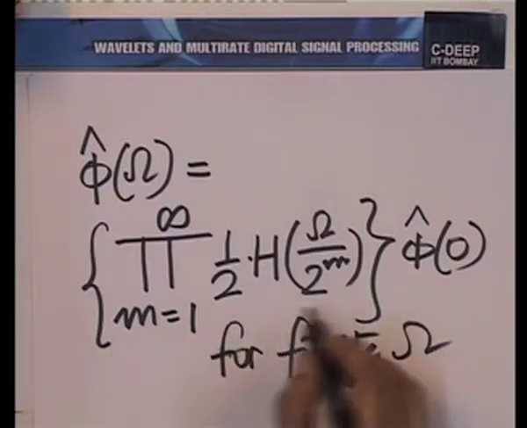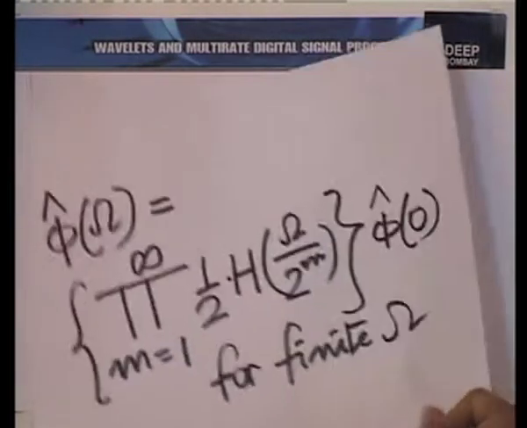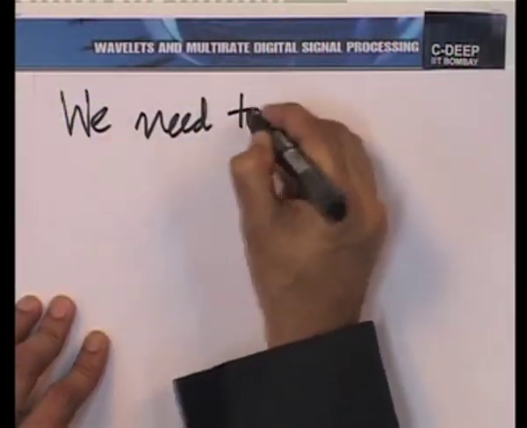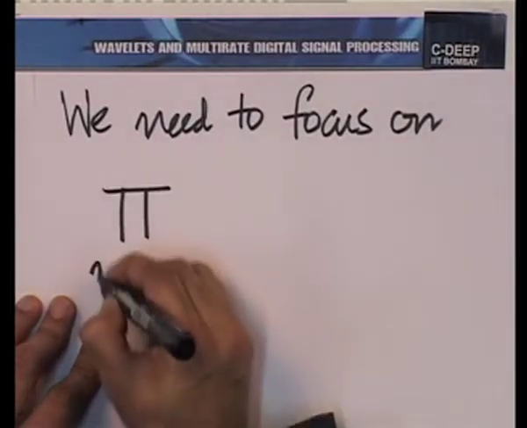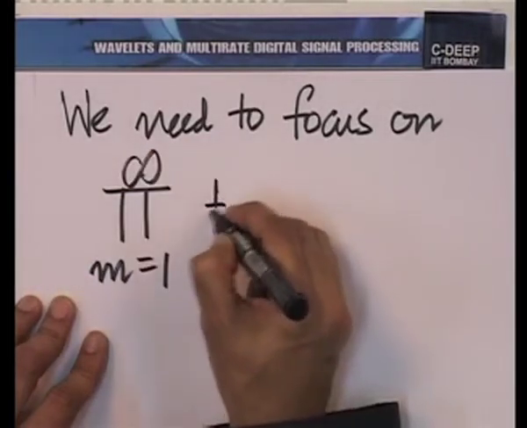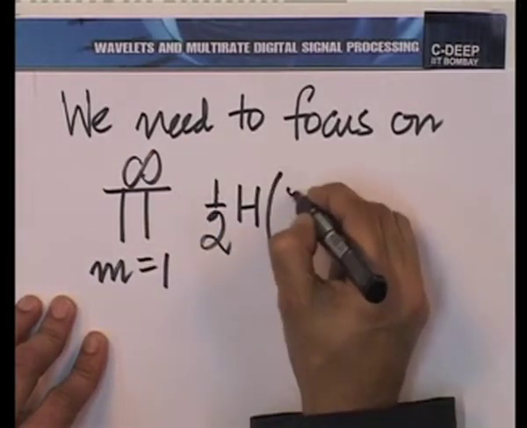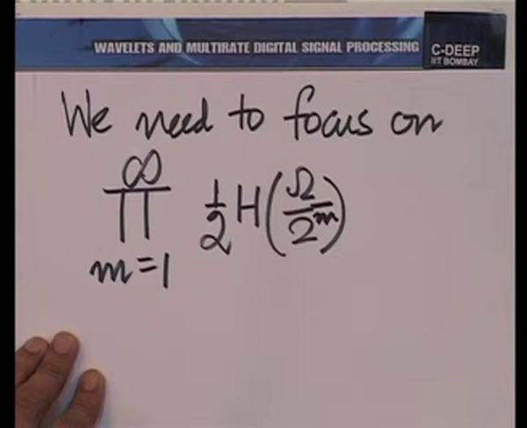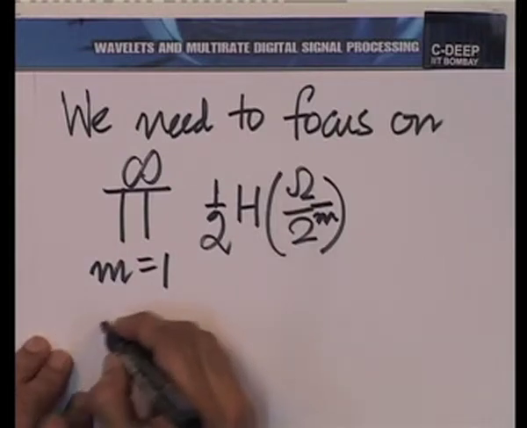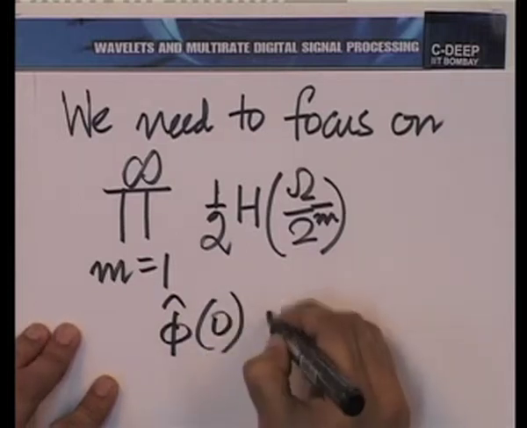But what we need to identify is this. So, we need to focus on this infinite product here. Phi cap 0 is just a constant.